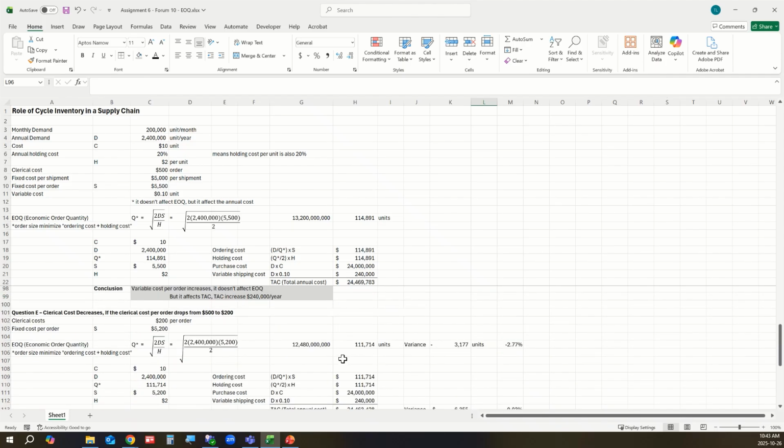We can continue with question E. The clerical cost decreases. If the clerical cost per order drops from $500 to $200, we will have the new fixed cost per order of 5,200.